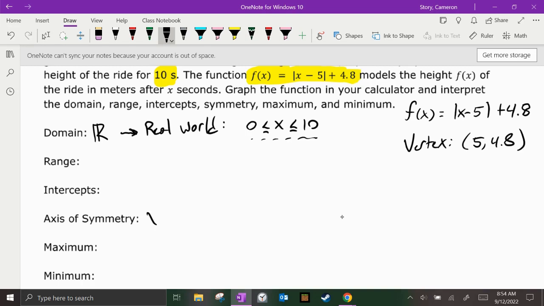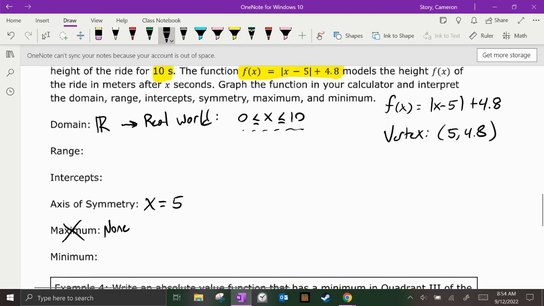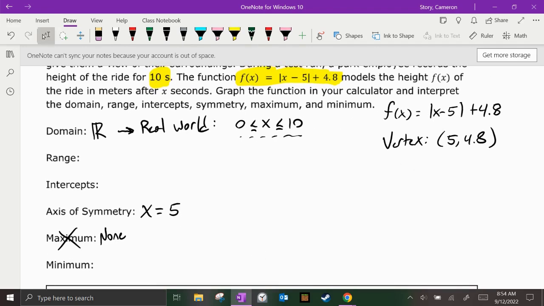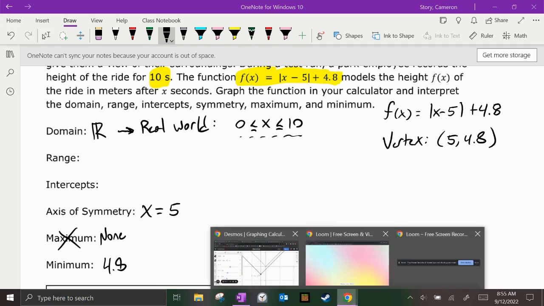So the axis of symmetry is going to be x equals 5, and we'll see that when we look at the graph in a minute. I can also tell that this is going to be positive, so it's going to have a minimum, not a maximum. There is no maximum. The minimum is going to be the y value of the vertex, so that's going to be 4.8. Okay, let's go look at the graph, and then we'll be able to get the rest.